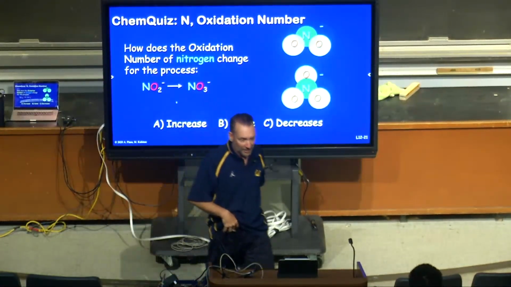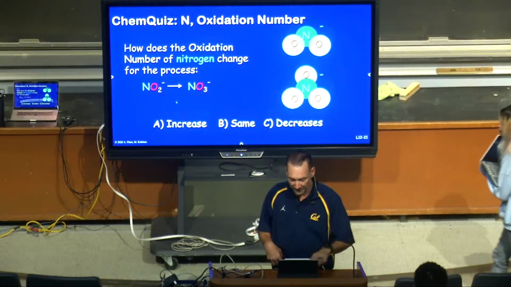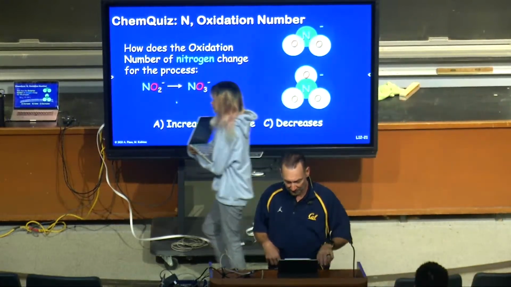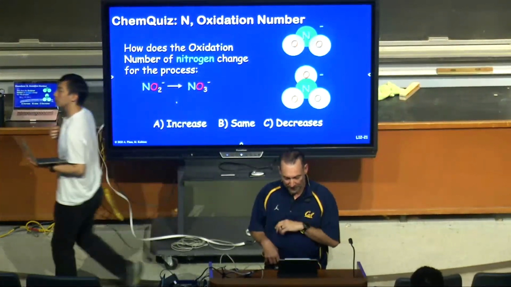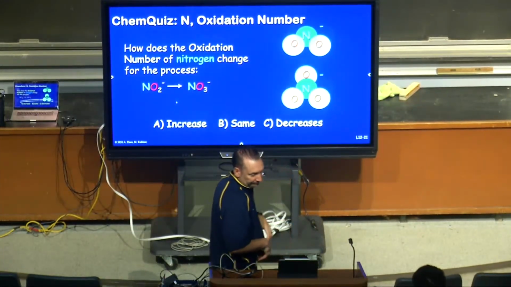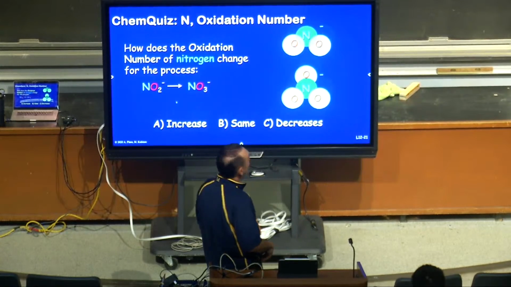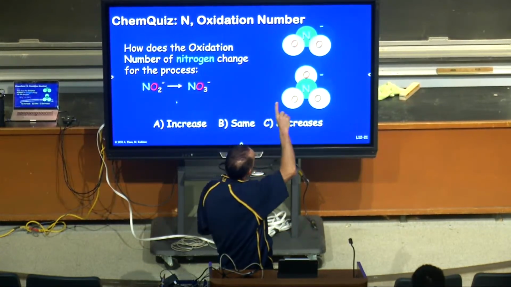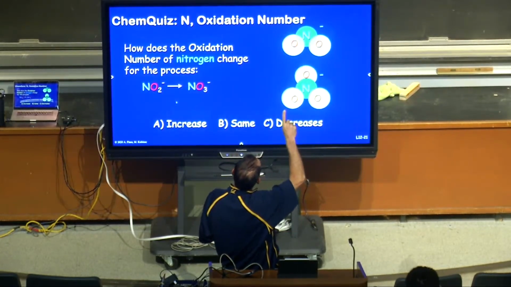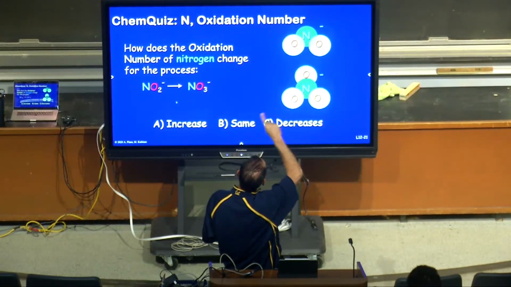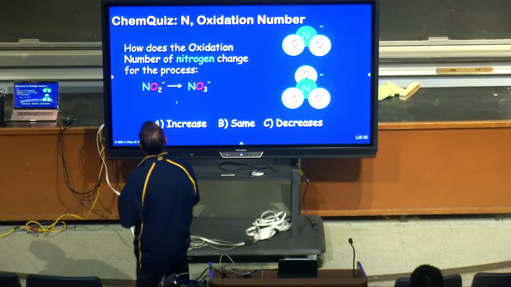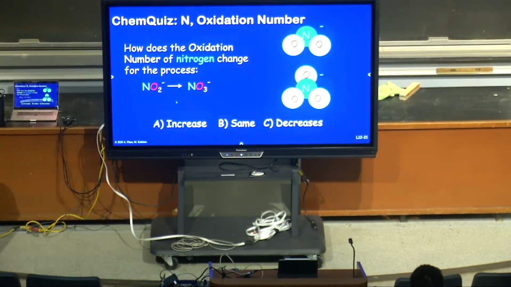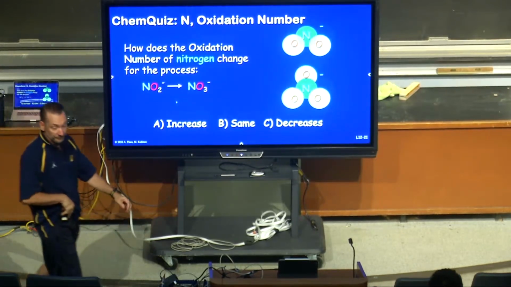So go ahead, talk about that for a minute. So there are the two Lewis dot structures. So that'll help you look at the difference in oxidation number between those two molecules.